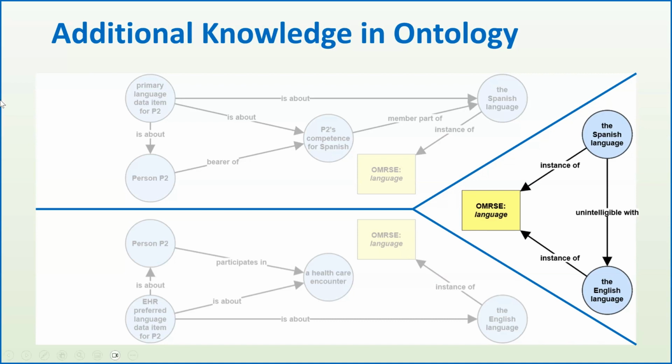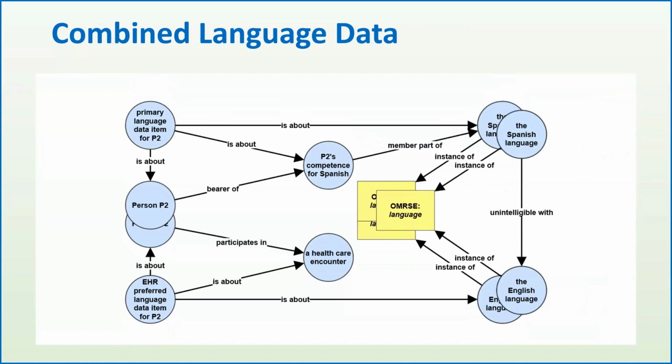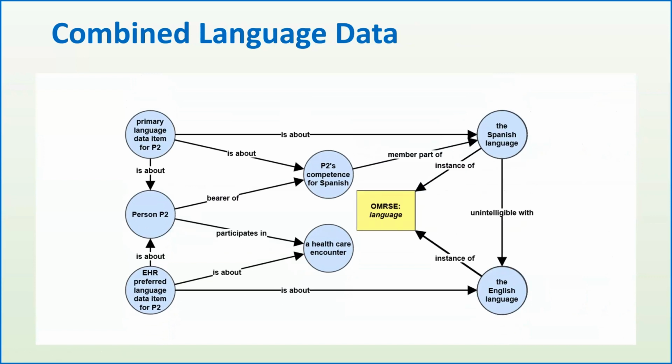And so by transforming the consumer data and the EHR data into this ontology-based format, one consistent format, we've got information coming from 3 different resources that we can easily combine into one more robust representation of information about person P2's language use, both in general and within the context of a health-related experience that the person had, a particular health encounter.